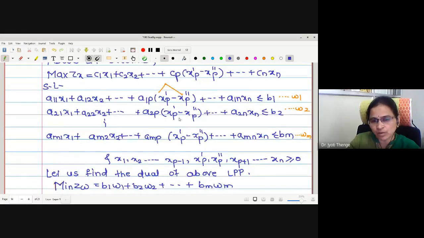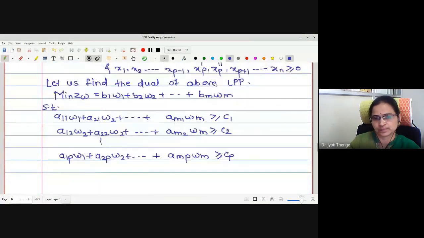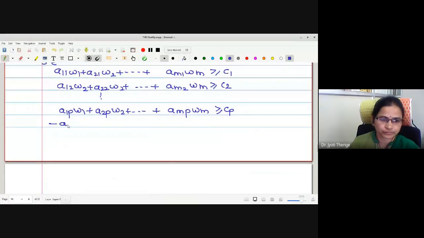Minus a1p, minus a2p, minus amp, greater than or equal to minus c_p.